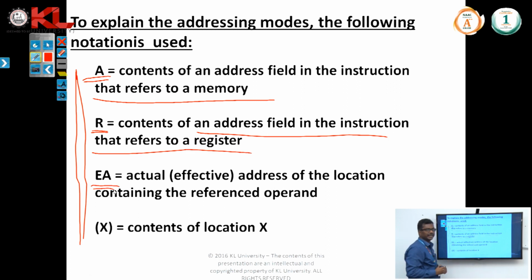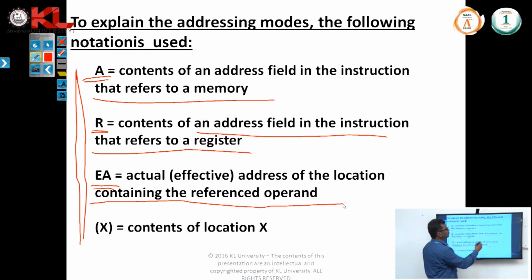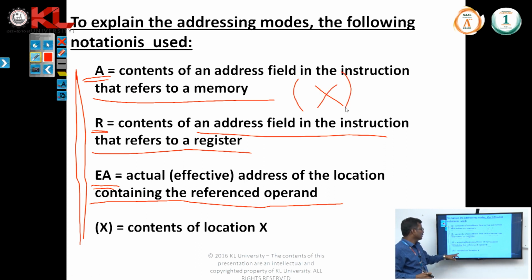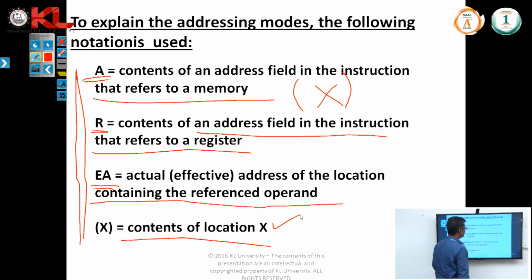We have EA, that is the effective address of the location containing the referenced operand. And finally, a variable X placed in parentheses indicates the contents of the location of X.